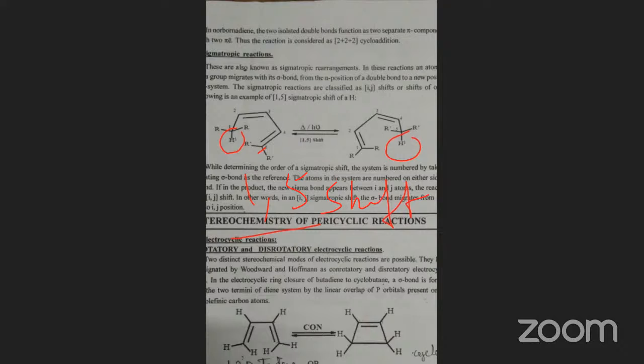So two types of rearrangements take place. One is that the pi bond is shifted. Another is that the atom also migrates from one place to another by taking its sigma bond. So this type of reaction is called a sigmatropic rearrangement reaction.